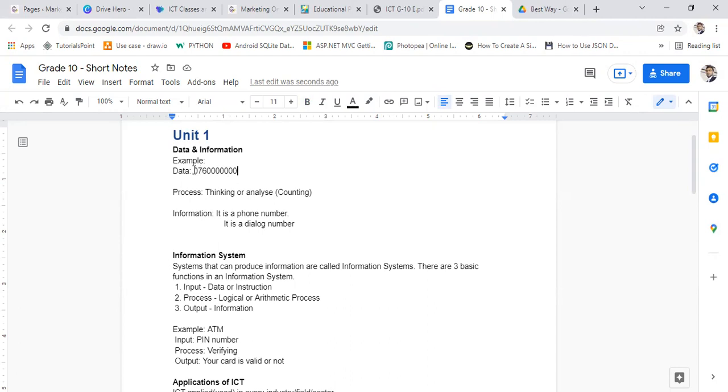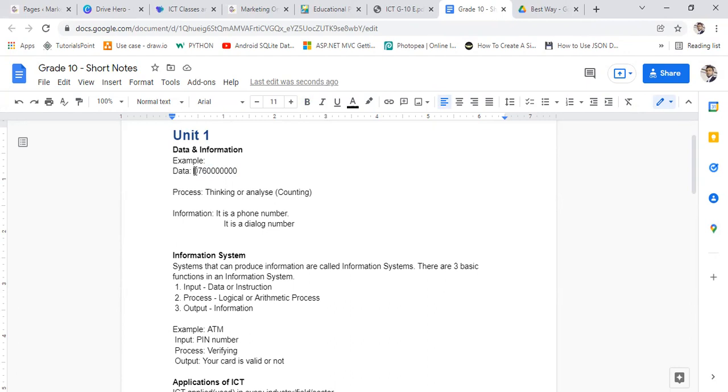But from that data you will be able to get information when you process it, which means if you want information from data, you have to process it. That's it. It has no meaning when you just look at it.